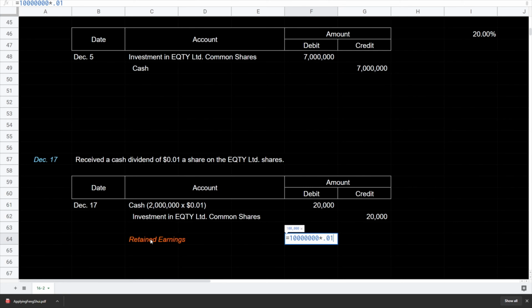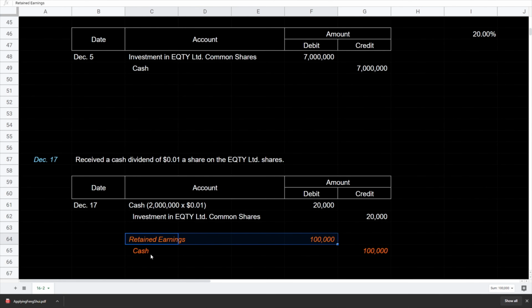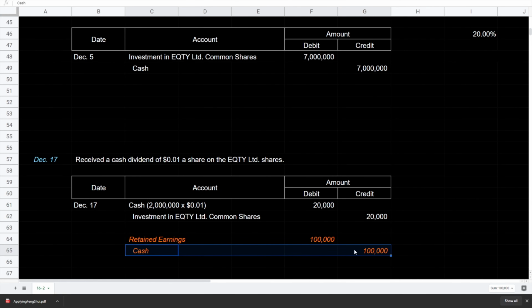If they were doing a penny a share dividend, they would have debited retained earnings for 100,000. They would have credited dividends payable, and then when they paid, they would have debited dividends payable and credited cash. So here's the net entry of what the investee would have done. They would have debited retained earnings and eventually credited cash.